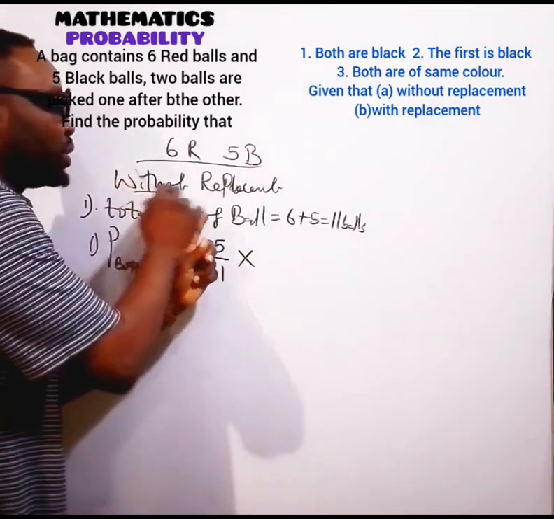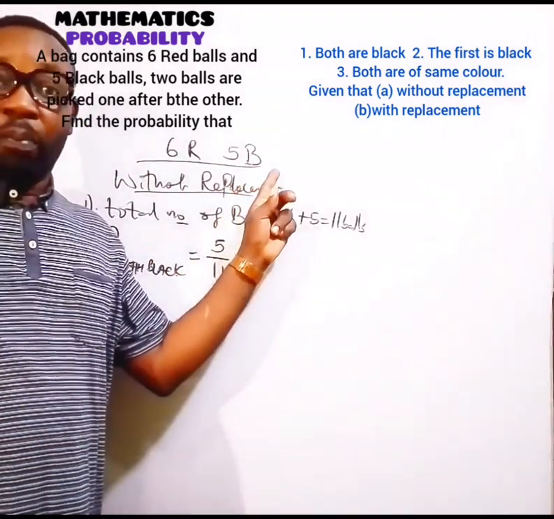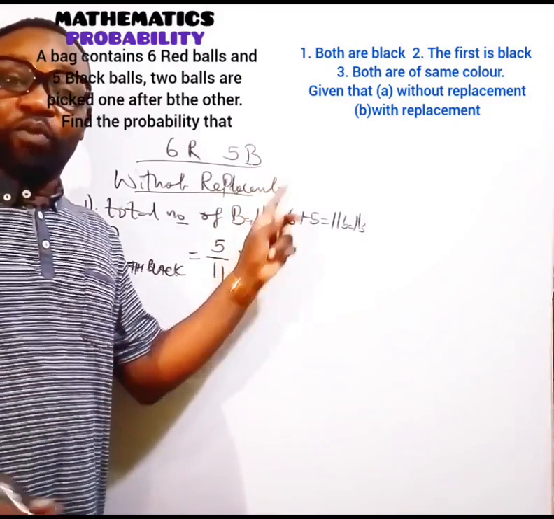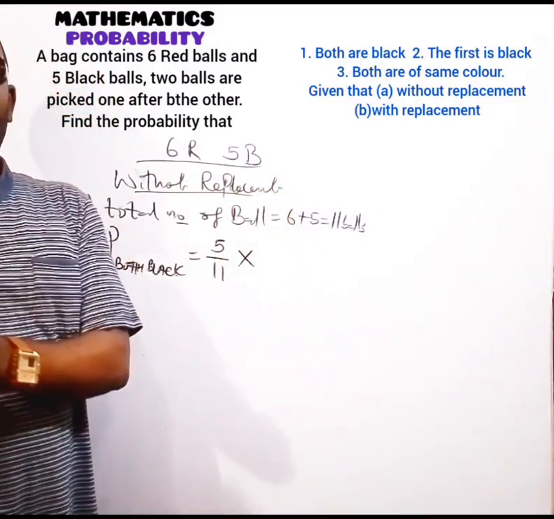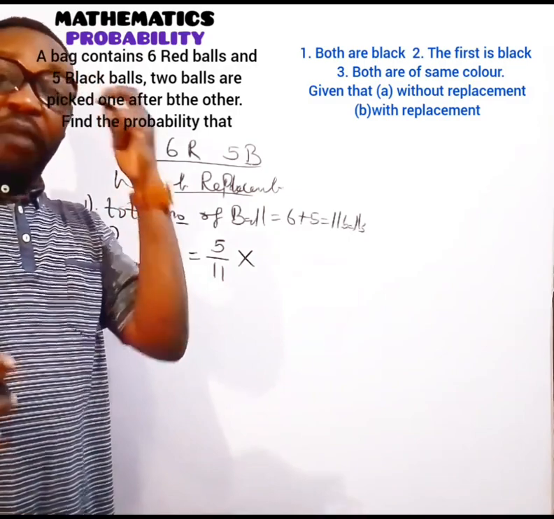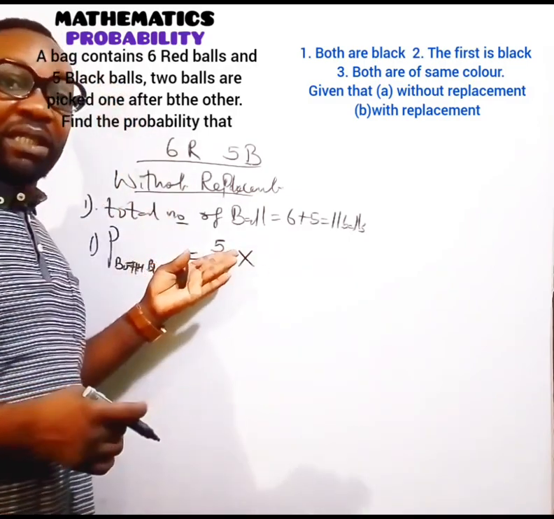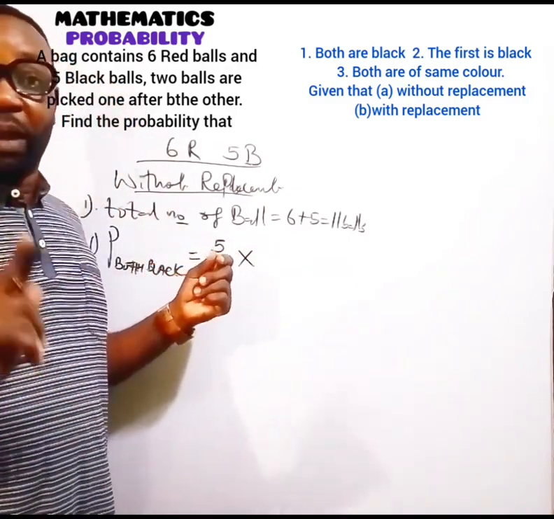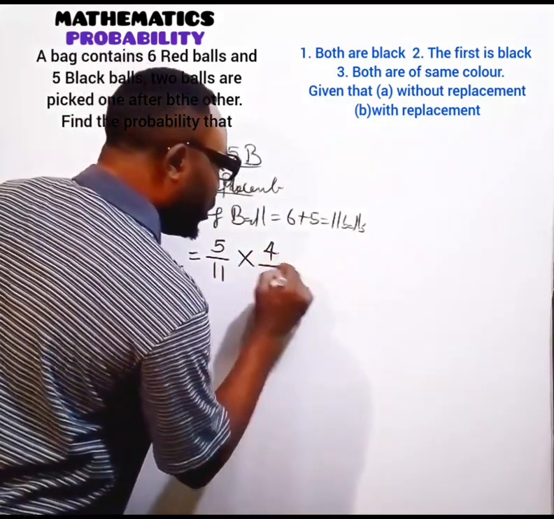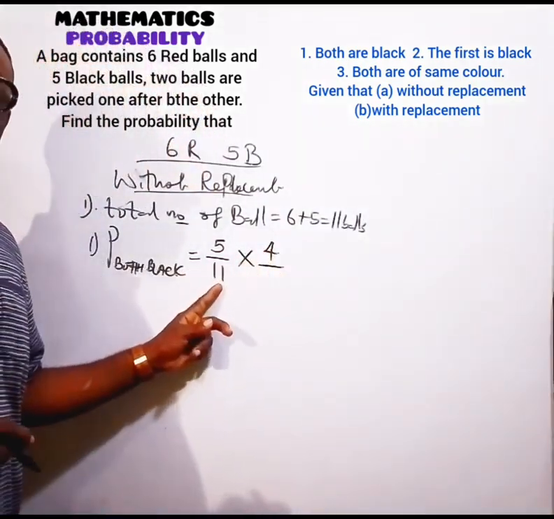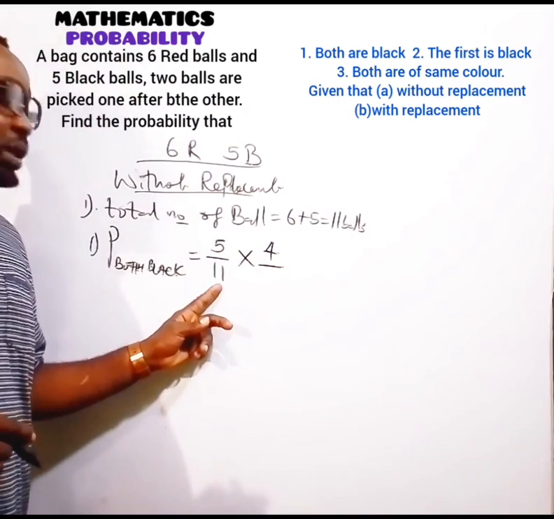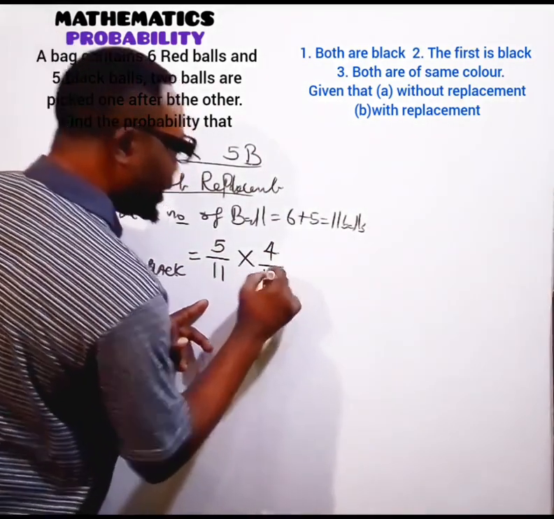And you have to consider this condition here, without replacement. It means that once the first ball is picked out, it is not replaced back there. If it is black that is picked, as we have said here, the number of black will have reduced by 1, which will have turned into what? 4 over, and the total number of balls that we have there will have also reduced by 1, which is going to be 10 now.